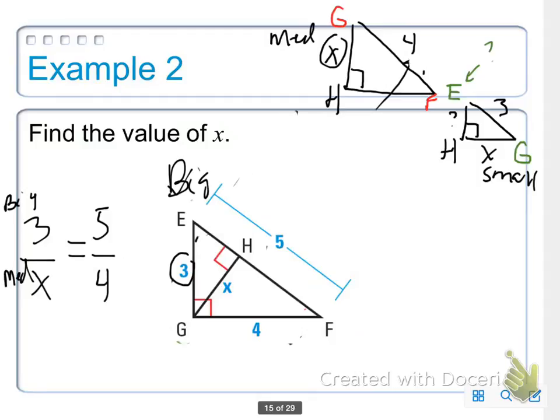But suppose we didn't see that, or we didn't want to use that for some reason. We could have done it this way. I've got this 3. It doesn't go with anything over here, so I'm not going to use it. But I've got this 5 in the big triangle.